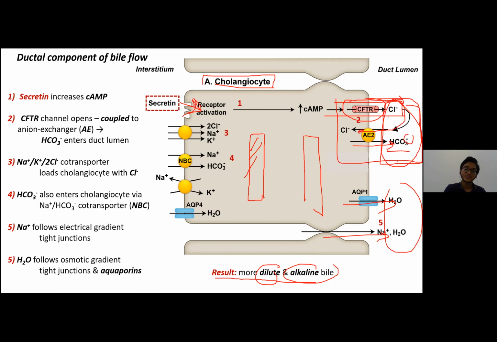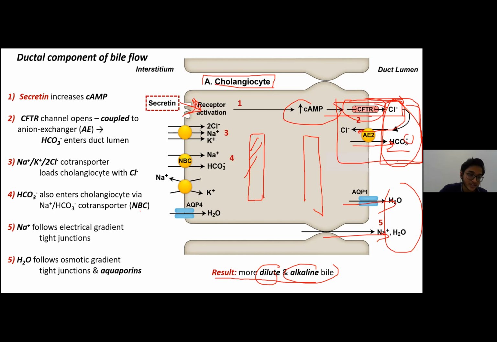Yeah, so it increases chloride secretion into the lumen. So I basically asked, what is the mechanism of secretin? Secretin acts by increasing cyclic AMP, which increases CFTR, which increases chloride. If there's more chloride, you're putting out more bicarb as well.